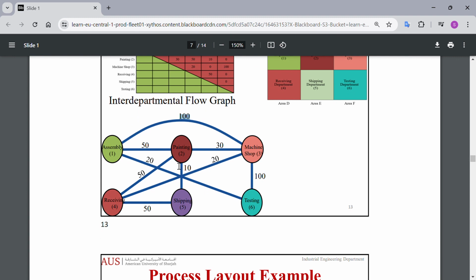So we have 100 from assembly to machine shop and testing. This might not be the optimal. So how can we find the optimal? There are several programs and tests that we can run in order to optimize this. But as one example, if we swap testing and painting, we might get a better result for us.